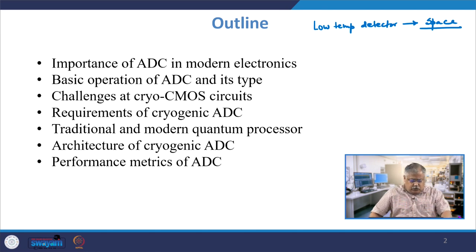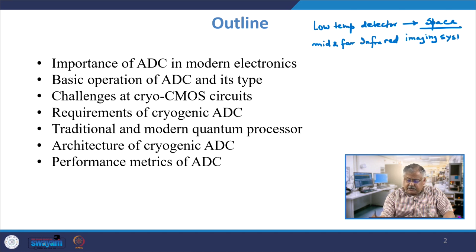So, they are used to a larger extent in mid and far infrared imaging systems, and they are for most of the space exploration requirements. And similarly, particle physics, when you want to collect the data from the particle physics, they have to be also put in cryogenic temperature. Typically, this is the temperature which is kept typically for the cryogenic applications, right.